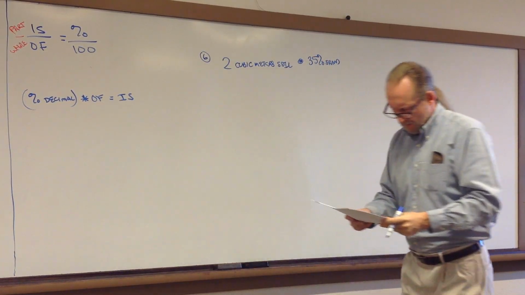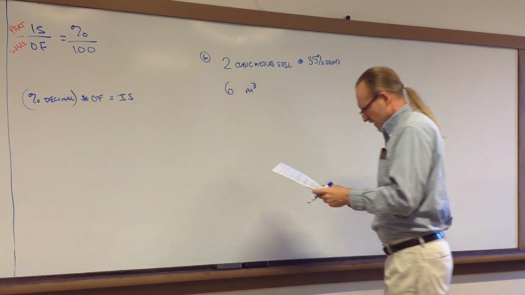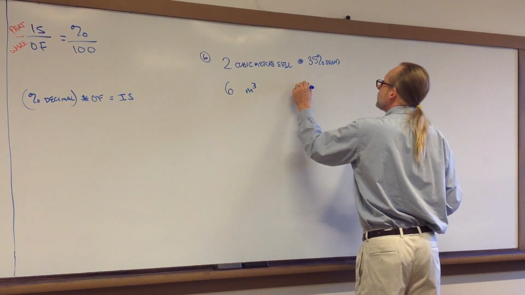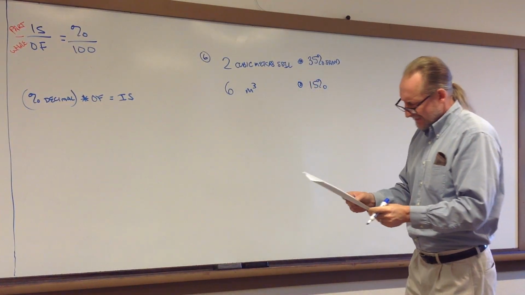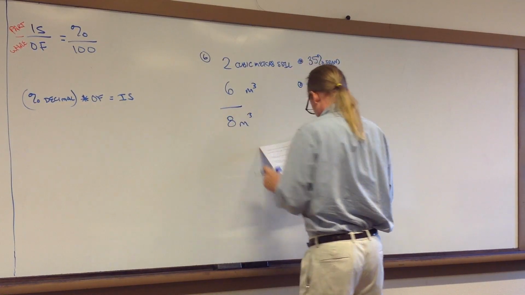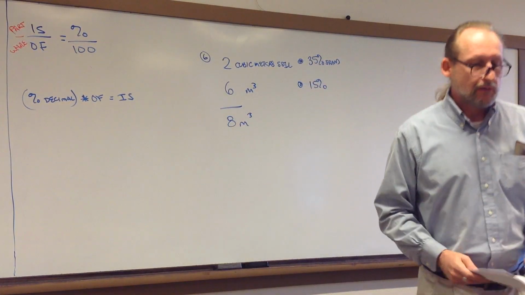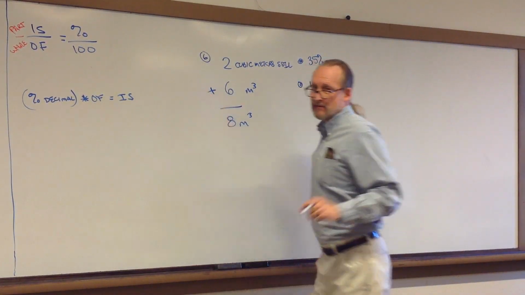Okay? And then we're going to mix it with 6 cubic meters of soil that's only 15% sand. What percent sand is the 8 cubic meter combined soil? Now, right here, this is easy. We just add the 2 and the 6 to get 8.